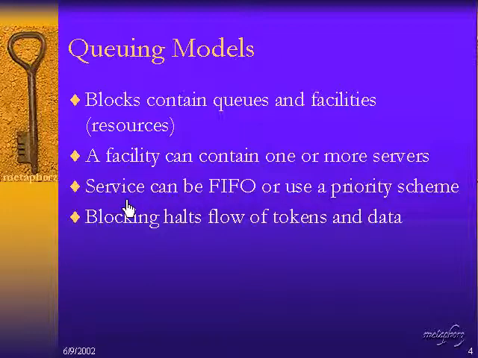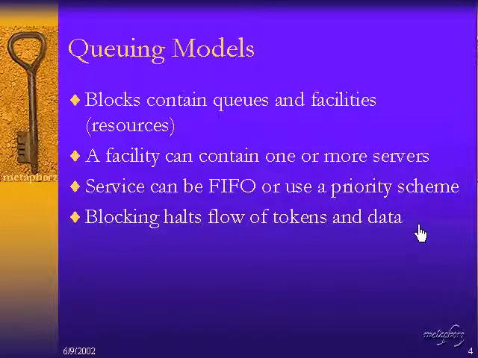So already we can tell with queuing models that it's got its own verbiage and vocabulary. A service can be first in, first out, or there could be a priority scheme associated with this. And you may implement blocking, which halts the flow of tokens and data through the network.